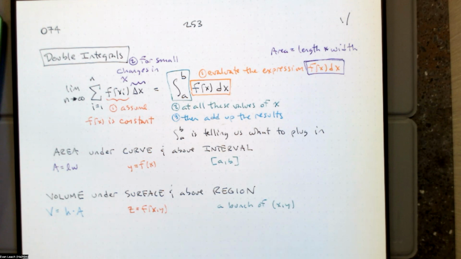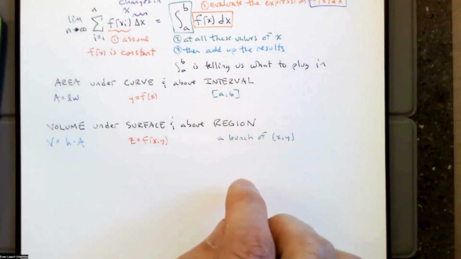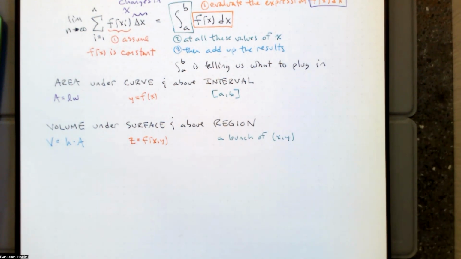Let's draw a quick picture. This will look very much like what we had yesterday. The problem that we're going to run into is describing this bunch of x and y.